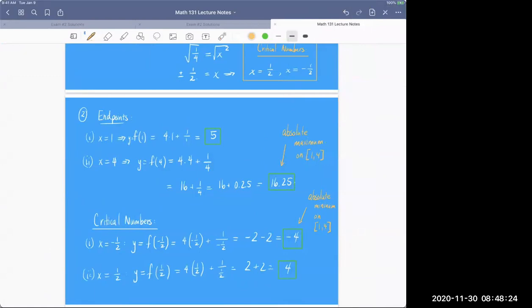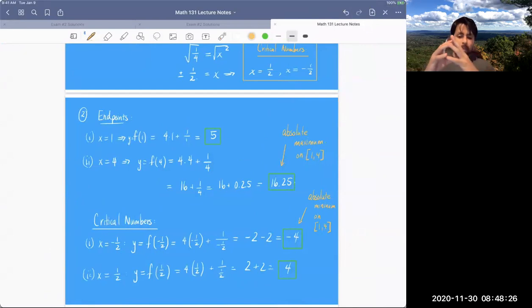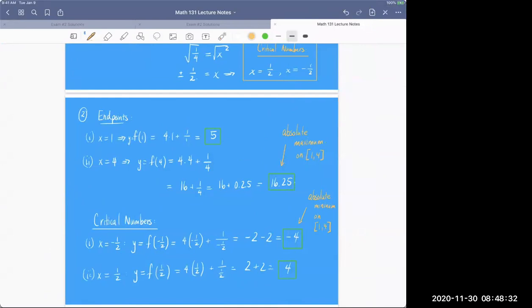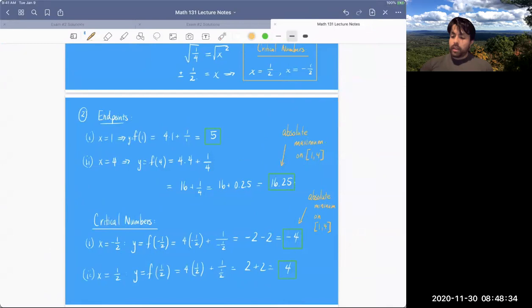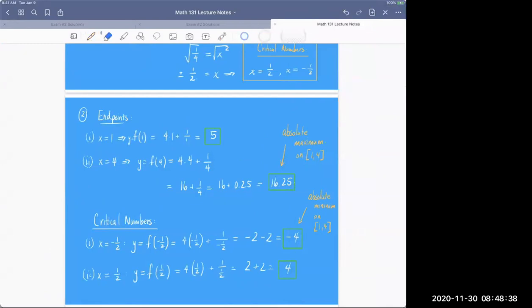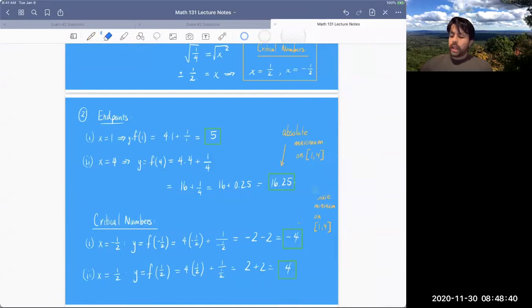So in actuality, if I amplified my interval a bit more, it would be negative 4. But we're not looking at the x values that are on the negative side of things.